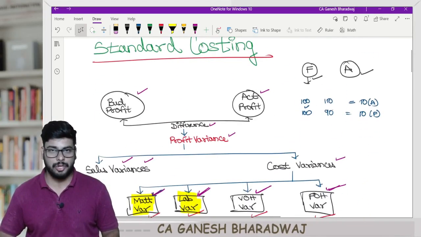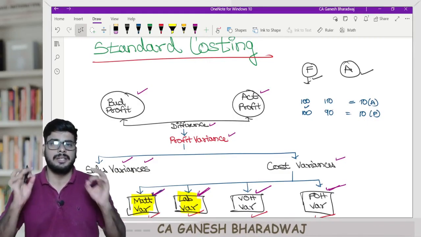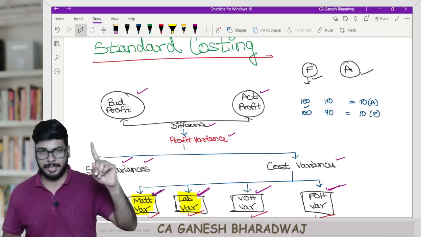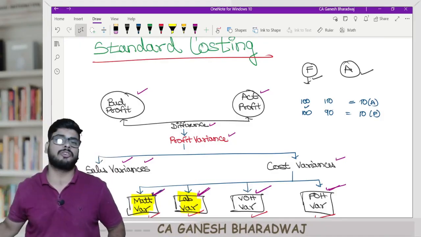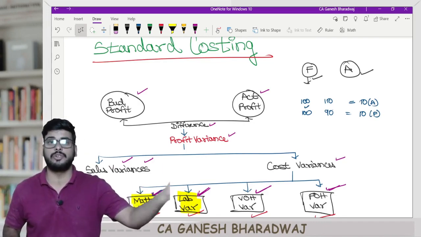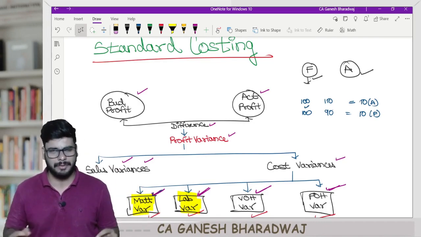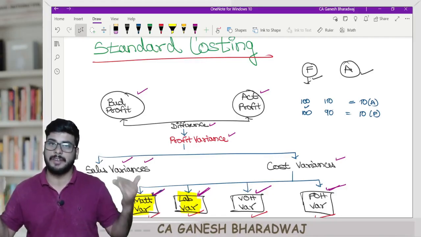Now, what we will do is take up one full question, a comprehensive single question that touches upon the calculation of all the cost as well as the sales variances, both under total and margin approach. It is there in our institute study material, which we did in our regular batch.